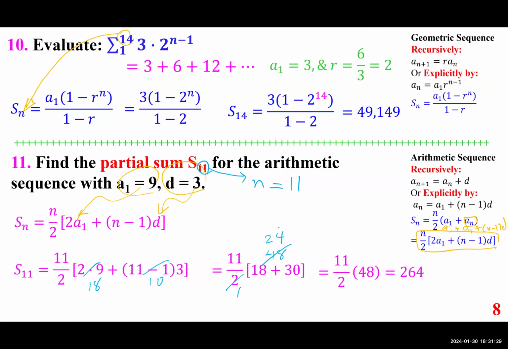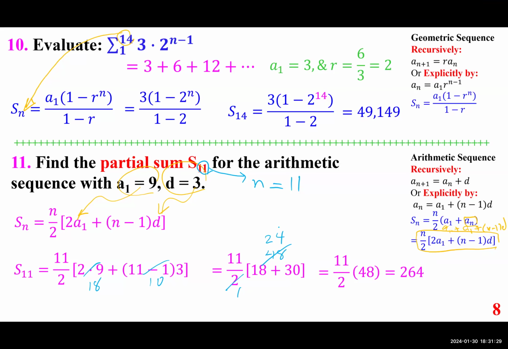Now, when that happens, everybody, when r is between -1 and 1, this formula changes to this formula because r to the power of n goes to 0. As n gets larger and larger, r to the power of n gets smaller and smaller, and eventually becomes 0.